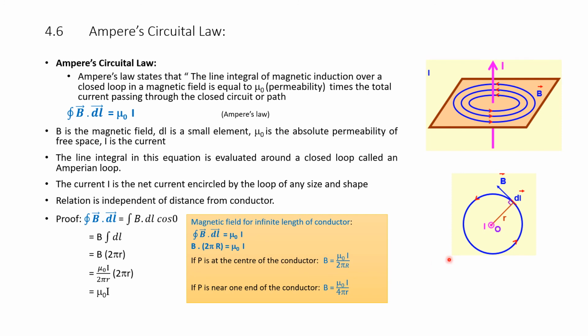That is when P is at the center of the conductor. If this point P is near one end of the conductor, the top or bottom, it is given by the equation μ₀I/4πr.